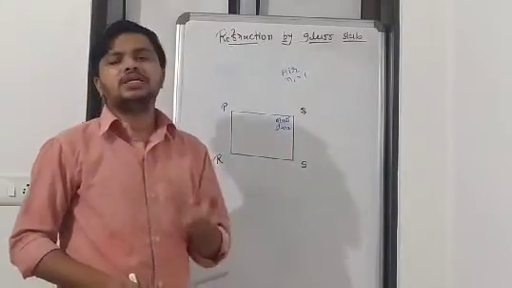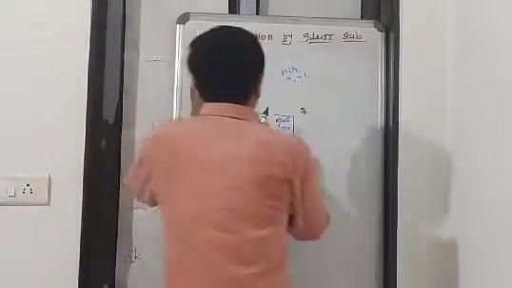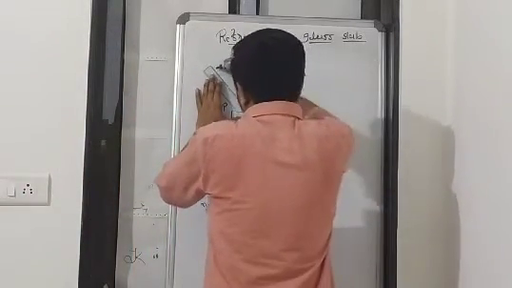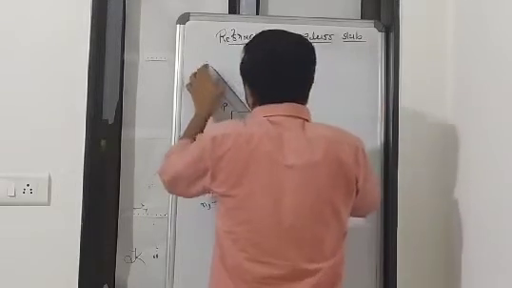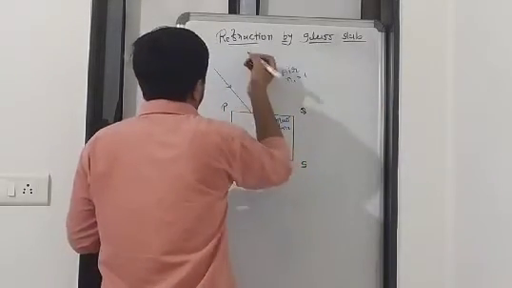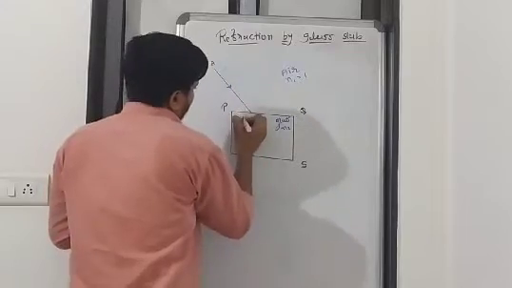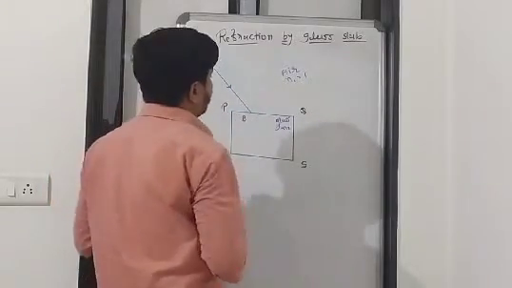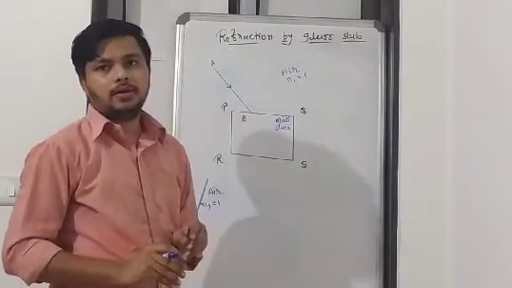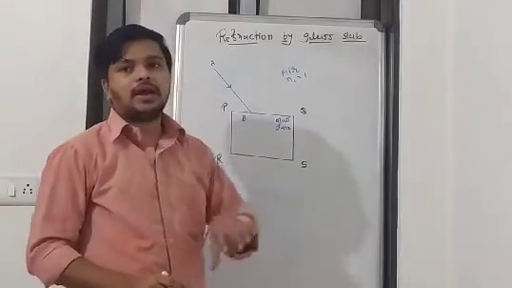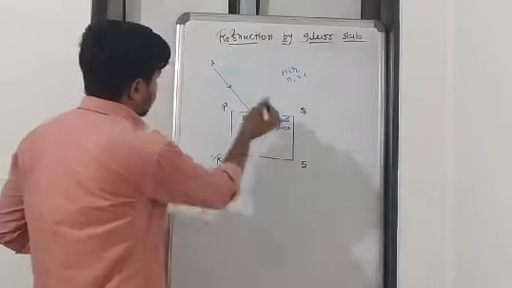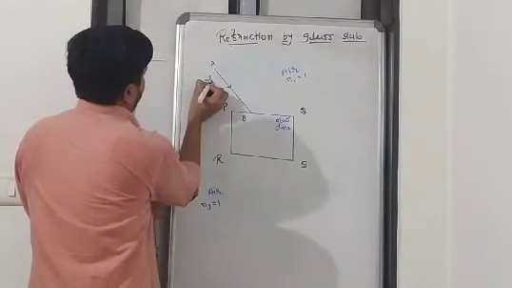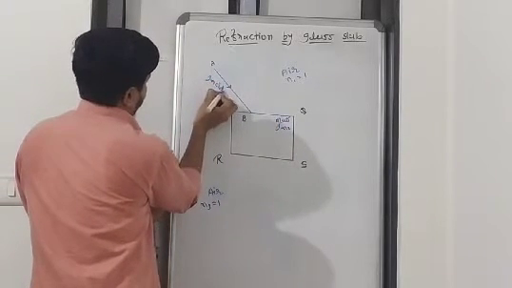Now, you have to make one ray incident. So, draw an incident ray. Draw incident ray AB, which is incident on surface PQ at point B, making an angle of incidence theta 1. So you have to make one ray incident.